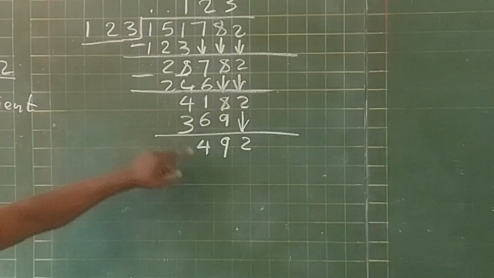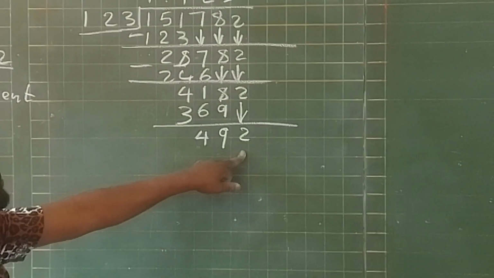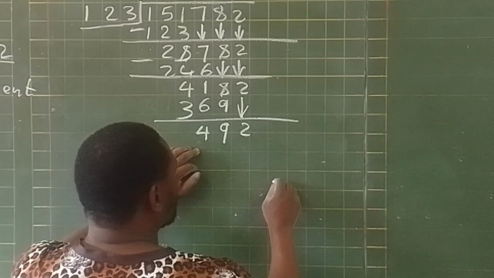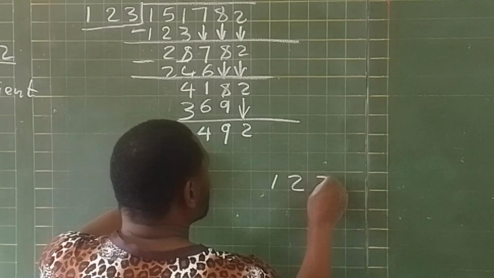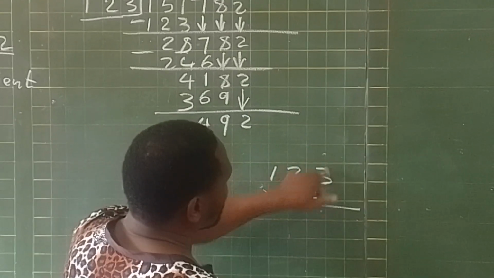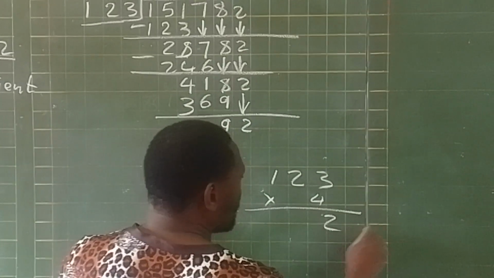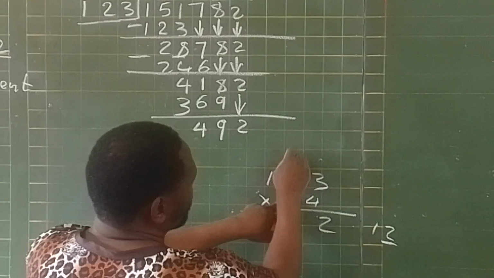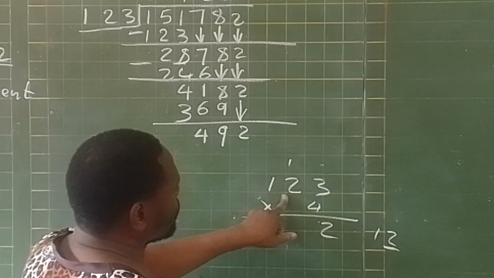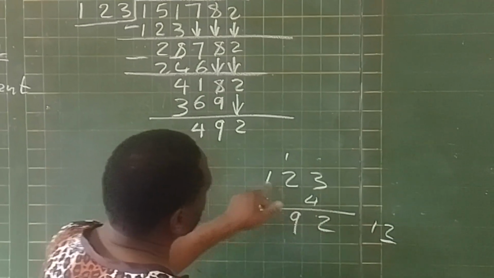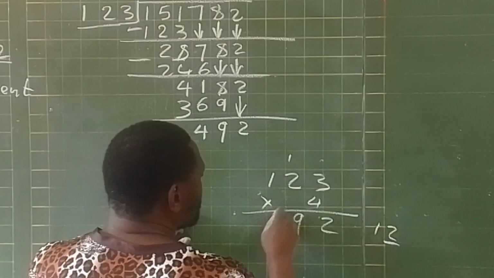123 divide into 492. Suppose you think it's 4. Let's check it. 123 multiplied by 4. 4 times 3 is 12, carry 1. It's 2, carry 1. 4 times 2 is 8 plus 1, 9. 4 times 1 is 4.